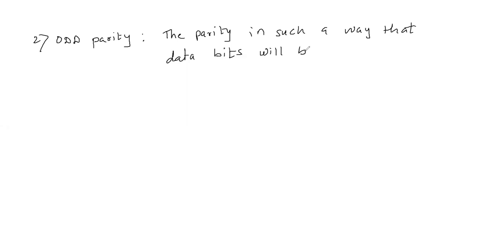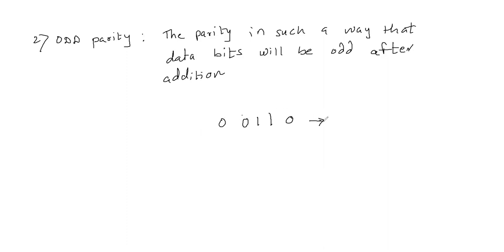In case of odd parity, the parity bit is added in such a way that the total number of ones in the data becomes odd after addition. Now suppose this is my data 00110.